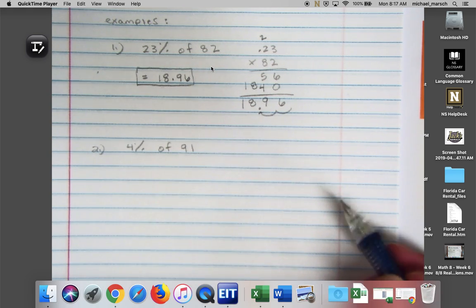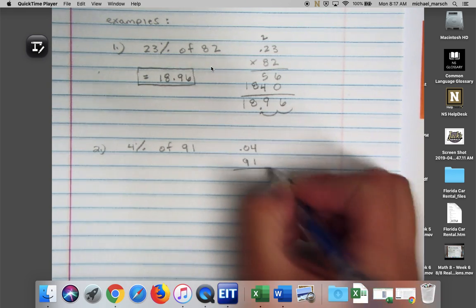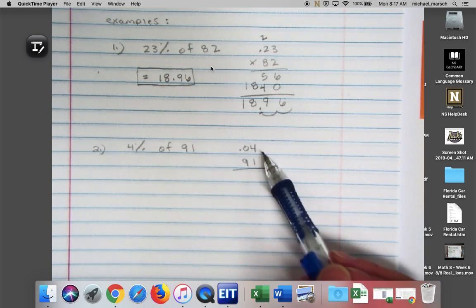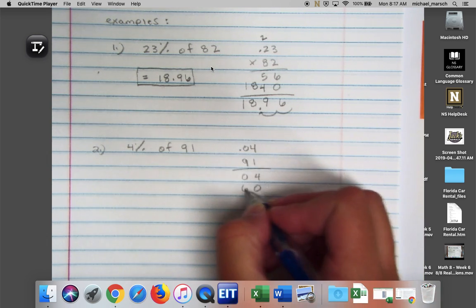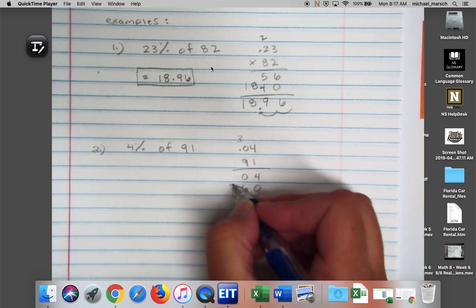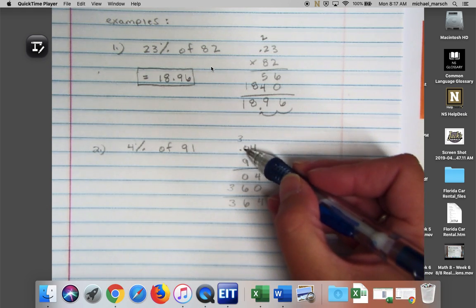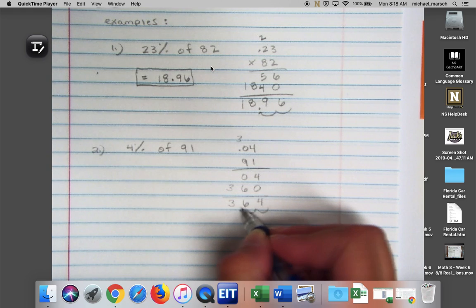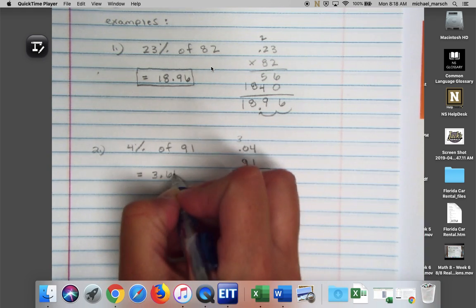So what I've got here is 0.04 times 91, because 4% as a decimal is 0.04. So I've got 4, 0 placeholder, 6, carry the 3. I've got 2 digits behind the decimal here, so I need 2 digits behind the decimal in the answer. So my answer is going to be 3.64.